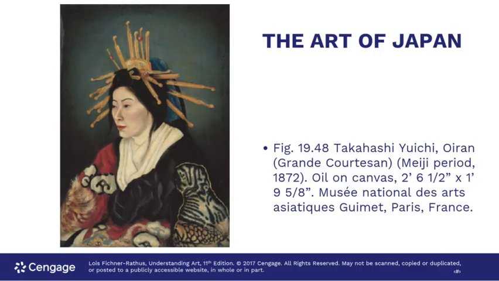This portrait was painted in 1872, and it's a little bit after the time that Edouard Manet is doing Olympia, just to give you a sense of how things are lining up. So I kind of see some influence going the other way.